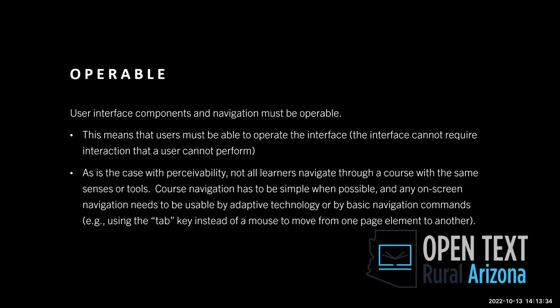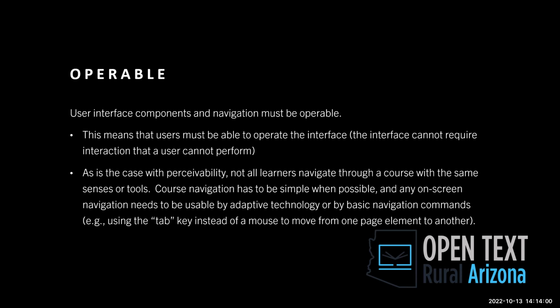And just like perceivable, the operable one seems like it would be obvious, except that a lot of learners come to the course and they navigate it not using the same senses that I might have been using when I designed the course, right? So they may be using assistive technology or some other form of intervention that allows them to navigate that isn't, for example, this is the most obvious one, a mouse, right?